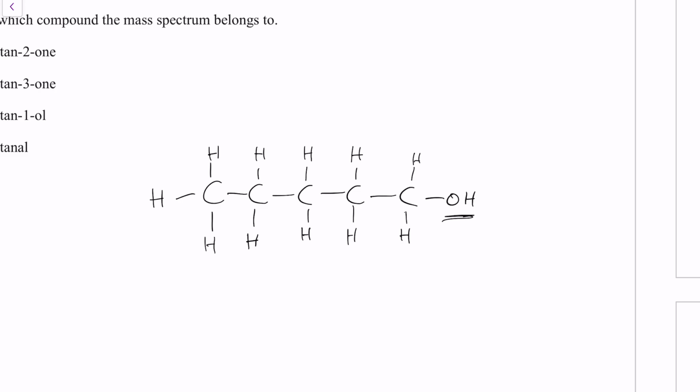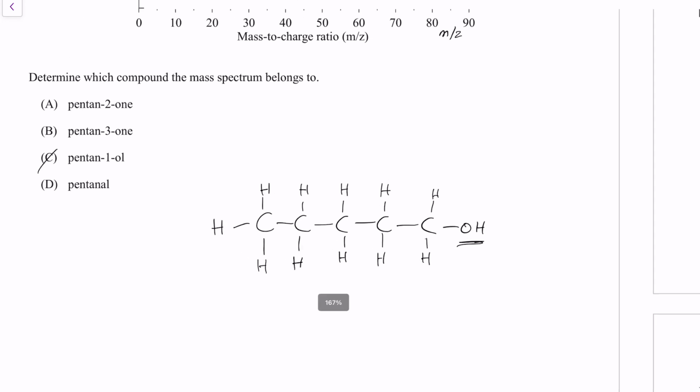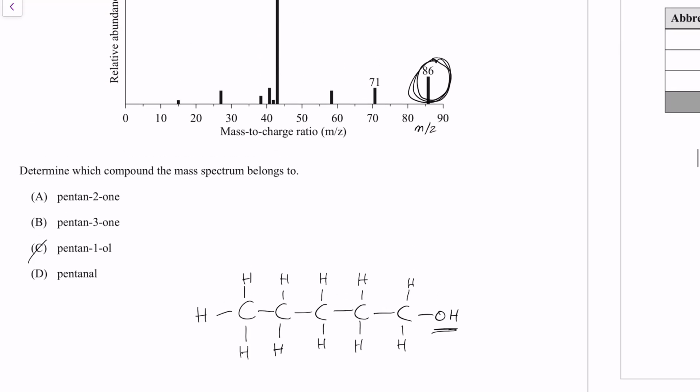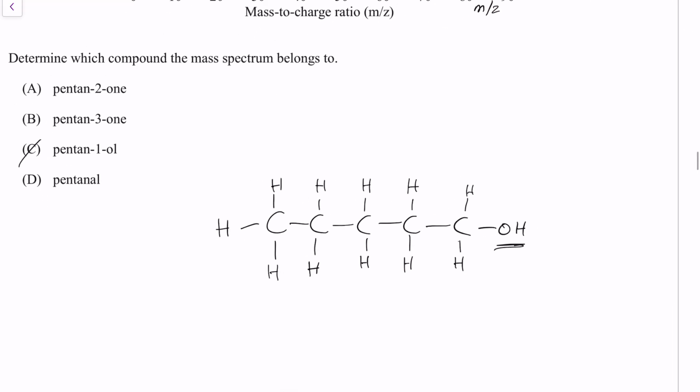So it doesn't actually change the number of hydrogens that we had initially in the pentane, which was actually 12. So if we count up the number of hydrogens, there's definitely not 10 hydrogens, okay? So that's definitely a no-no. So we can cancel out C.